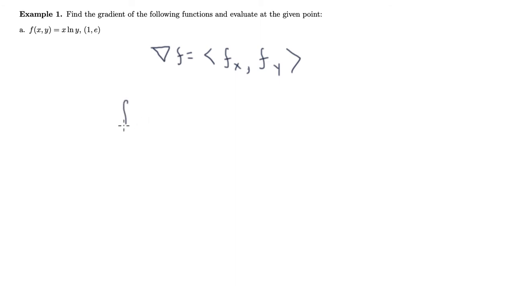So notice that the partial with respect to x is going to be natural log of y, and then the partial with respect to y, now this is still a function of x and y, later we'll evaluate it at this point, but the partial with respect to y, we just treat x as a constant, take the derivative of log y, which is 1 over y, so it should be x over y.